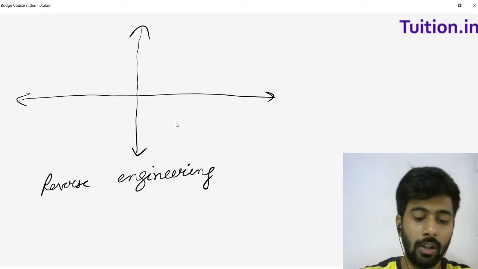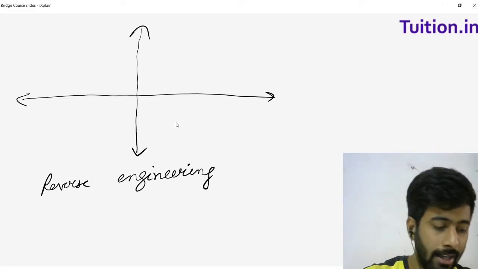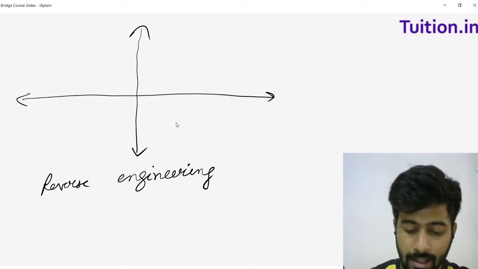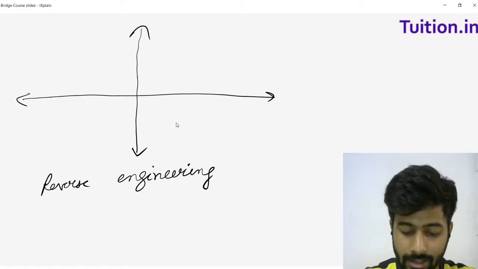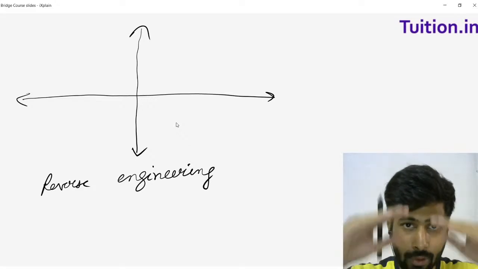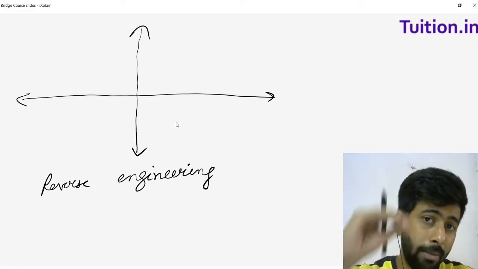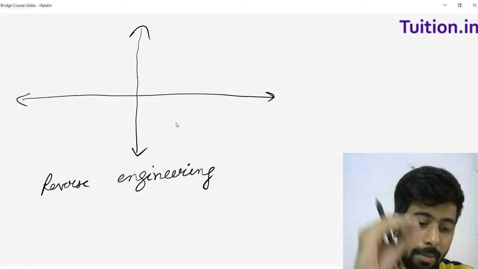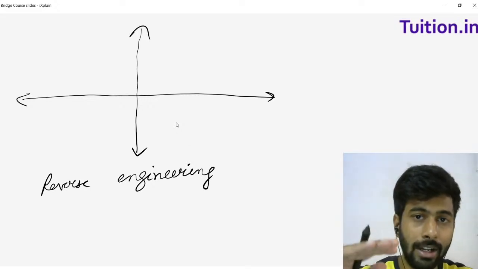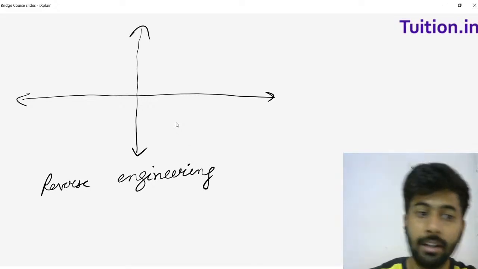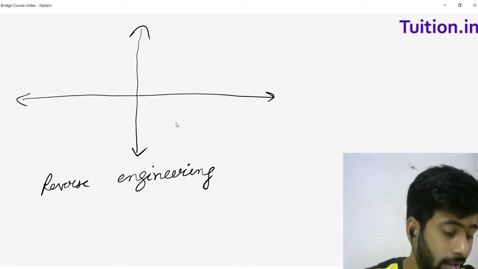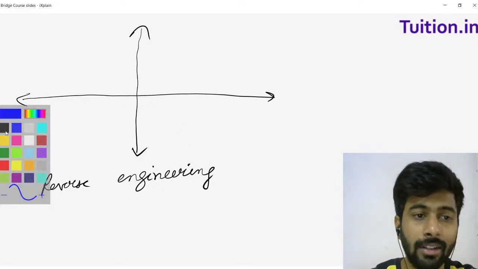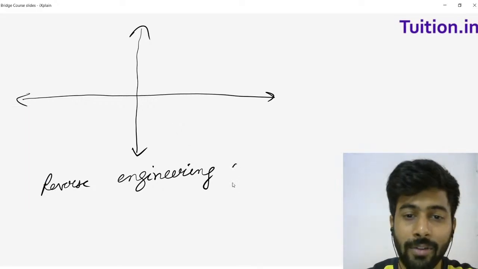You can look at the end product, start analyzing its bits and pieces, dig further and start breaking that product down, and then trace the entire process based on which that product was built. That's known as reverse engineering. So we will do sort of reverse engineering today, reverse engineering on vectors.